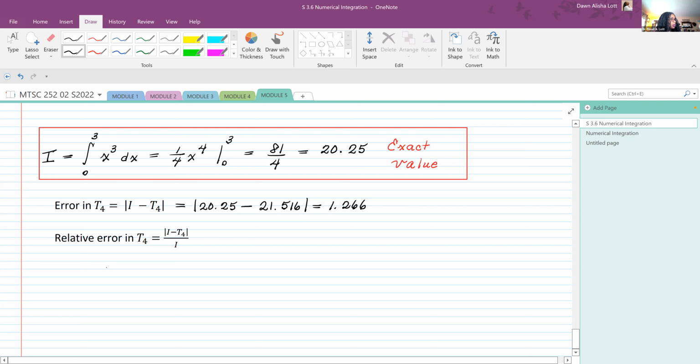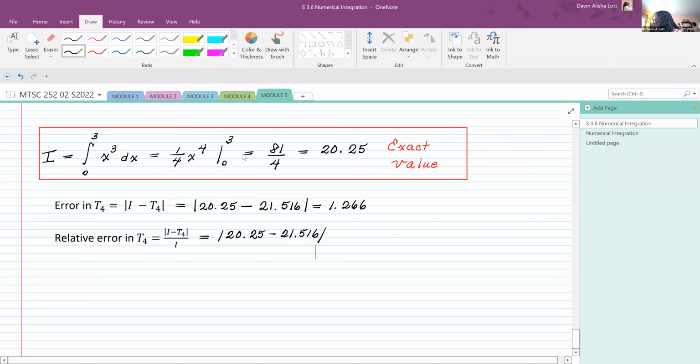That's not too far off from twice as big as the midpoint rule. The relative error, 20.25 minus 21.516.